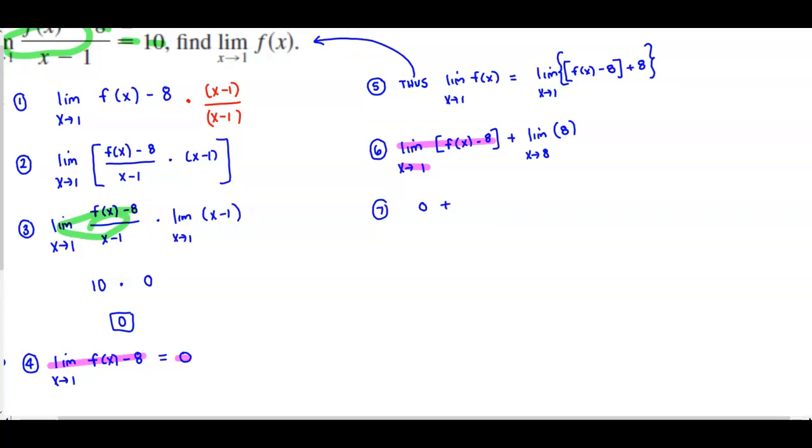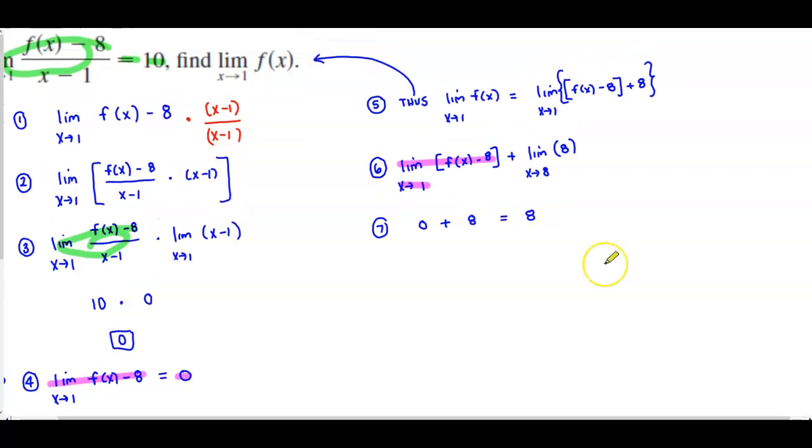And then this gives us a constant of 8. So that is equal to 8. So we can say then that the limit as x approaches 1 of f of x is equal to 8.